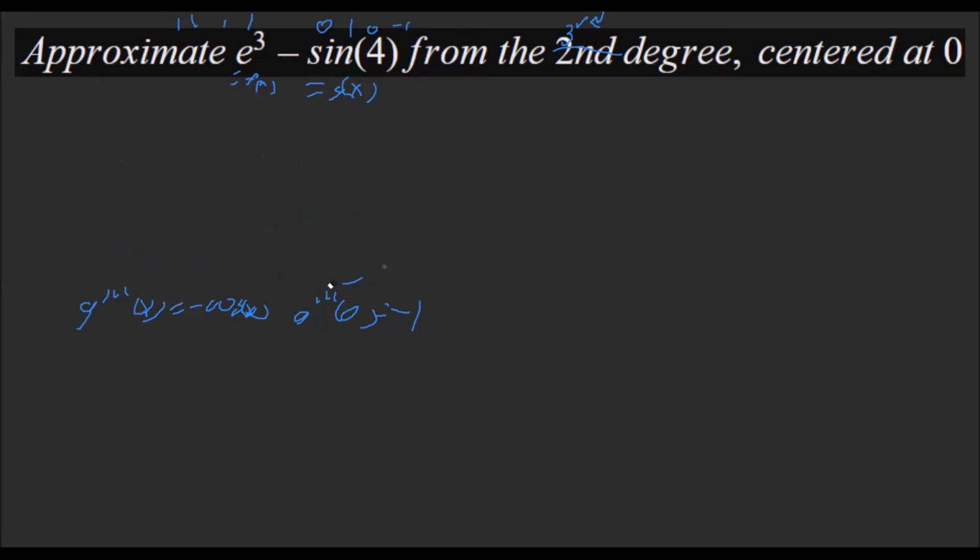Now, e to the x is incredibly predictable because the derivative of itself is itself. So finding the Maclaurin series is very easy. However, we're only going to do it to the third degree.